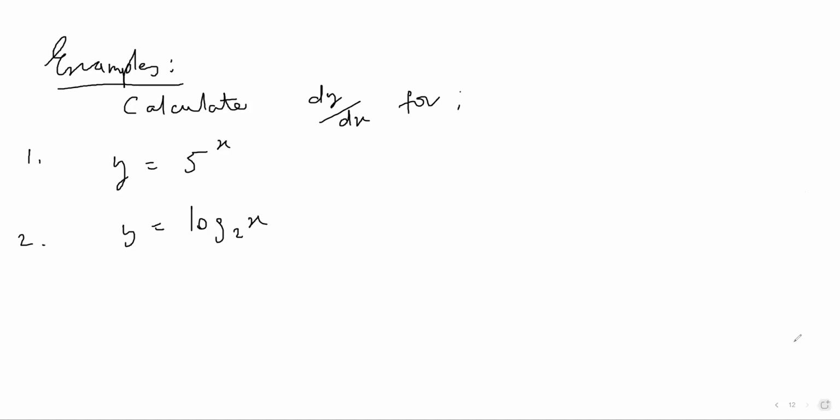Okay, let's discuss number one. Now with number one, dy/dx is equal to the derivative of 5^x with respect to x.